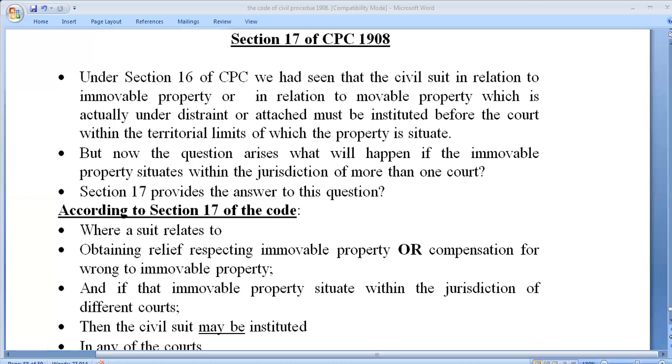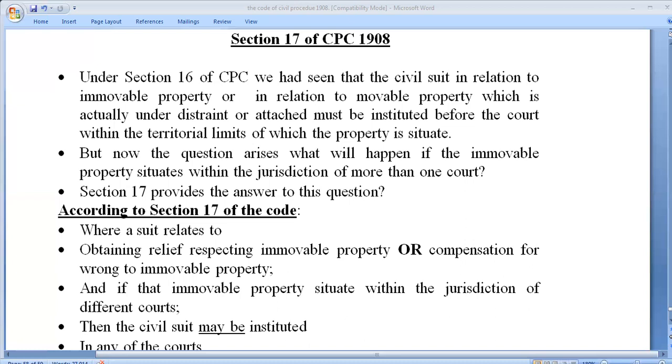That means to say, if that civil suit is in relation to the immovable property, then the civil suit must be instituted before the court within the territorial limit of which that immovable property is situated.